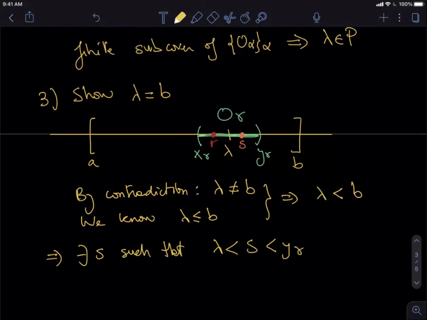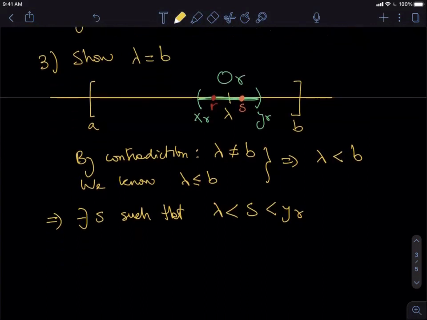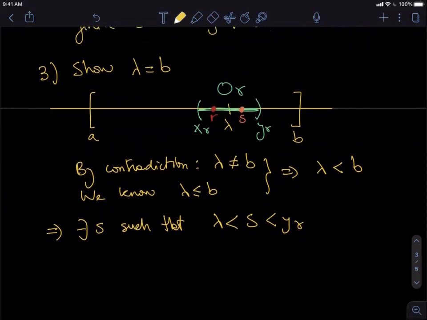It's the same interval O gamma. I think I said alpha, I meant gamma. The same point Y gamma that was one of the endpoints of the open interval O gamma. And then it's basically the same thing as before.